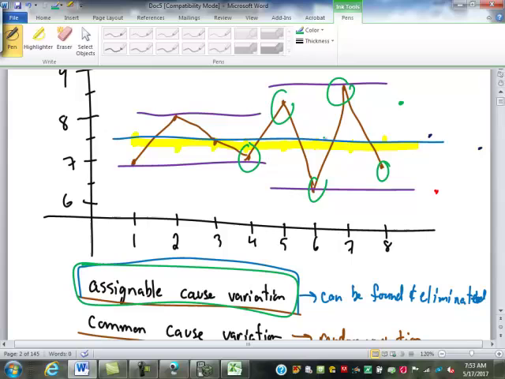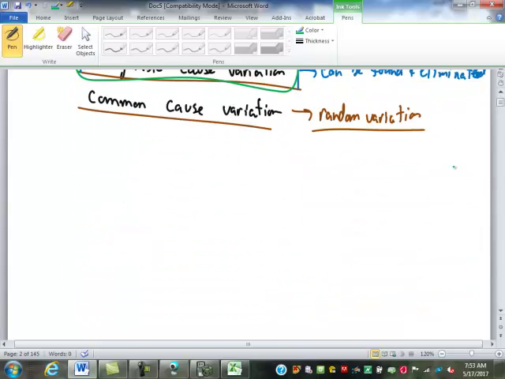So even if the distance away from that center line decreases, if the points keep going up and down like that, it's going to concern me because now there is a discernible pattern. So there are several things that would concern you in something like this.